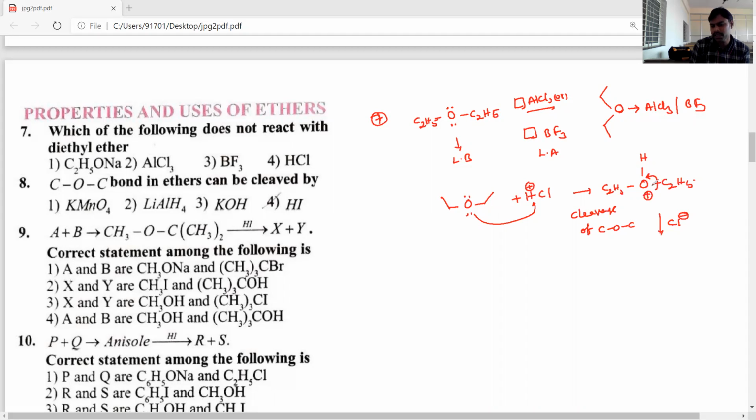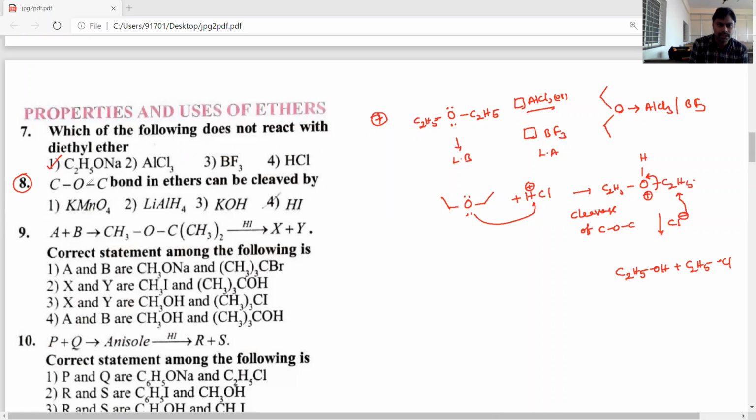To decrease the positive charge on the oxygen atom, the carbon-oxygen bond breaks and Cl- attacks, and the products are C2H5OH plus C2H5Cl. But ethers cannot react with sodium alkoxides, because ethers are Lewis bases and sodium alkoxides are also bases. So base and base cannot react. So your answer is the first option.